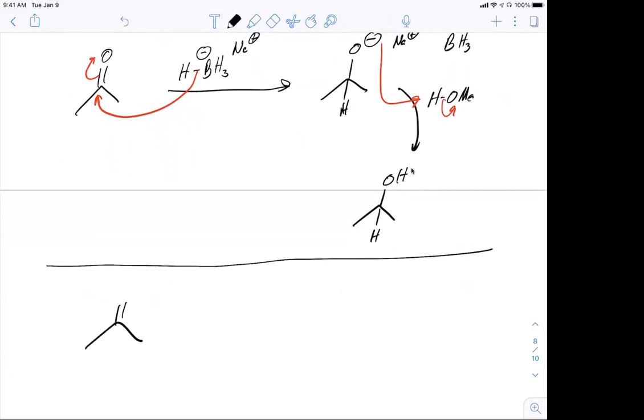We could have done the same reaction with lithium aluminum hydride, but we would have had to take a slightly different step.